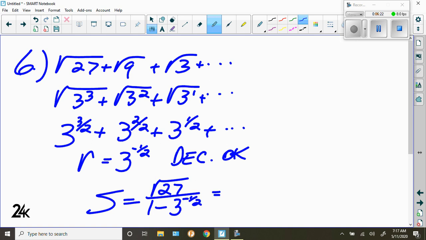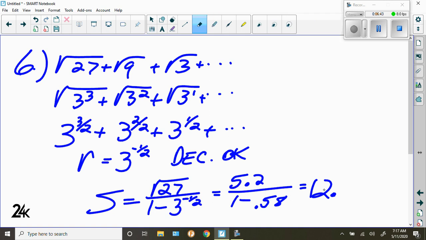Okay? So the square root of 27 is like 5.2. I rounded. And then 1 minus 3 to the negative half is about 0.58. I'm sure I rounded there. And so if you subtract those, you get about 12.4.